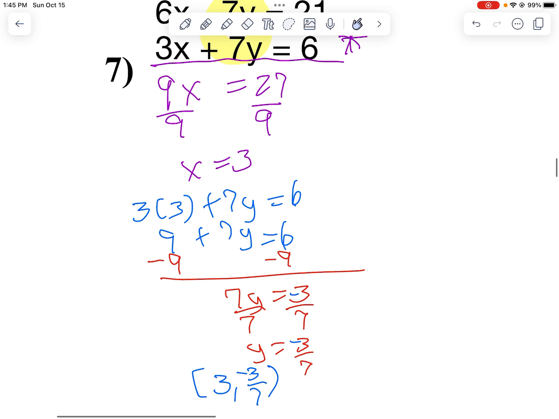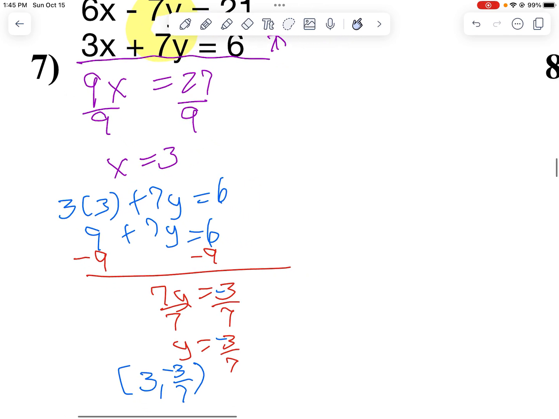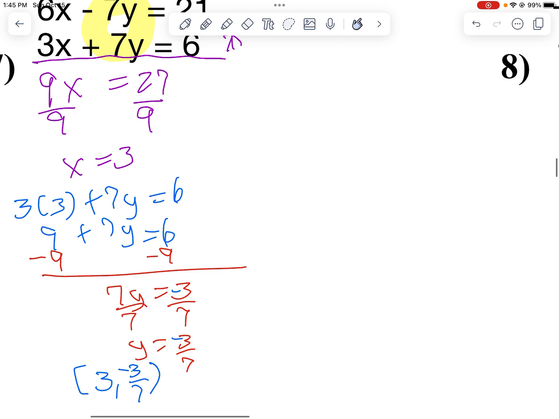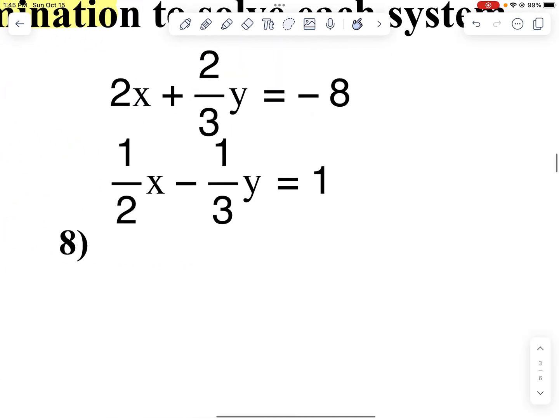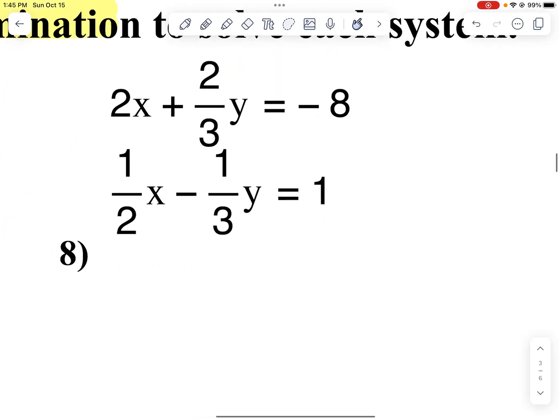You get a repeating decimal, but it doesn't repeat for a few digits, so you won't see that on the graph. Okay, now, number 8, we still want to use elimination, but those fractions make it kind of ugly, don't they? I could maybe, in fact, let's do that. Let's work with the fractions at first.